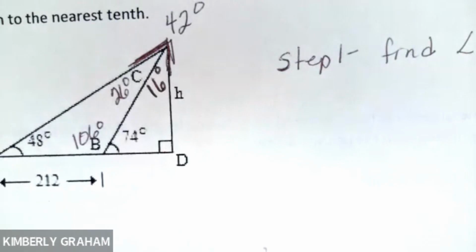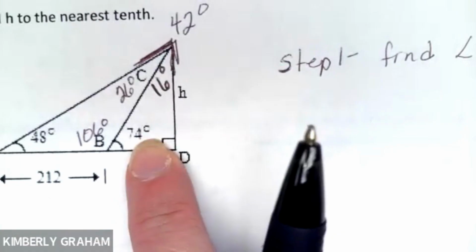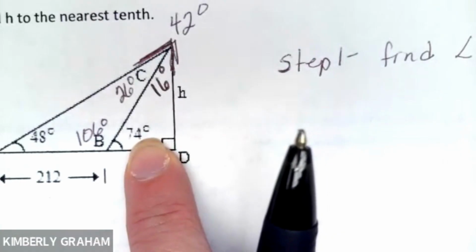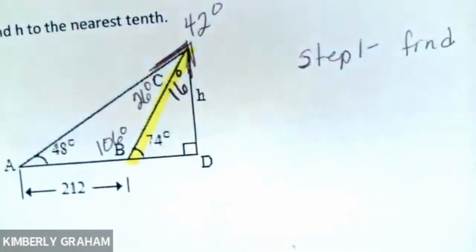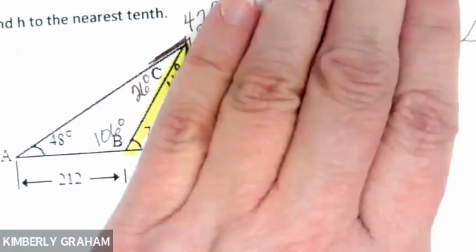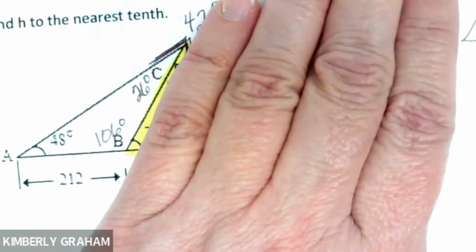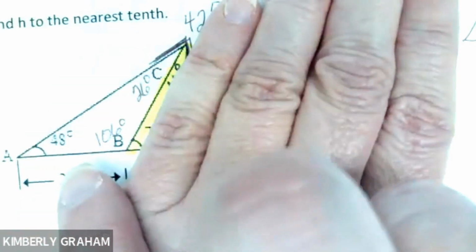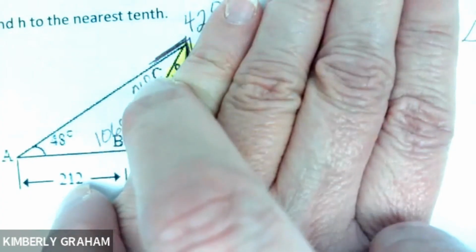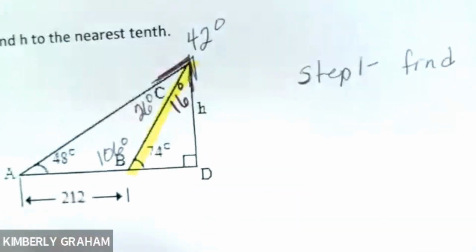So I know that H is somehow going to relate to this angle opposite that is 74 degrees. So I need to find this side that I'm going to highlight in yellow. Well, I have enough information in that obtuse triangle that I can set up a proportion, because I know all three angles, and I know an angle side pair, so I can use the law of sines here.